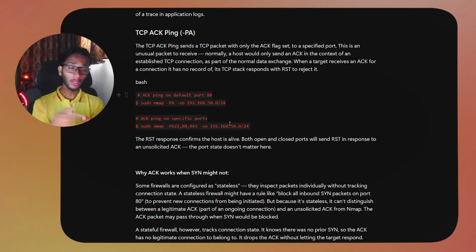Now with this scan, instead of sending the SYN packet, it sends the acknowledge packet, the middle packet. Once the target receives that, it will see this is very unusual. It will think, I have no record of any connection, and I have not got a SYN packet. So it will send us the RST packet back, and from that we can say, yeah, the host is alive.